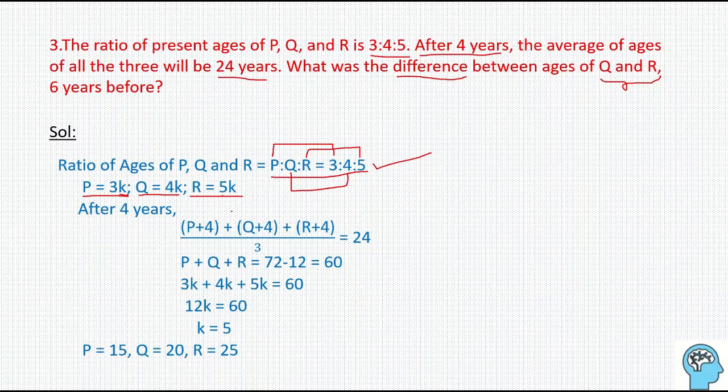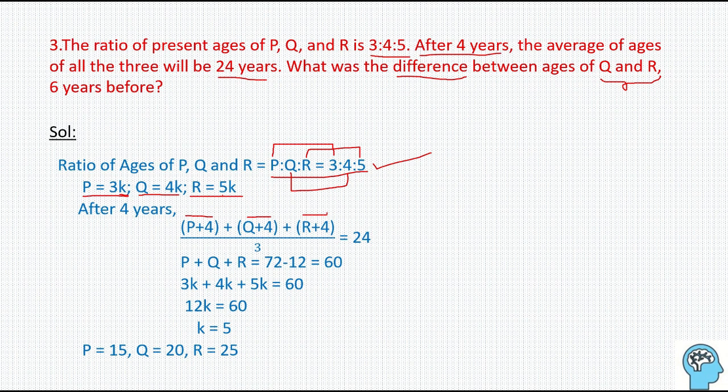Now after 4 years, the average age of all the three will be 24. So after 4 years, P is going to become P plus 4, Q will be Q plus 4 and R will be R plus 4.